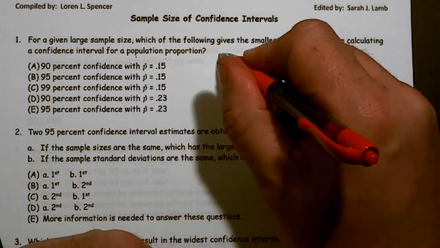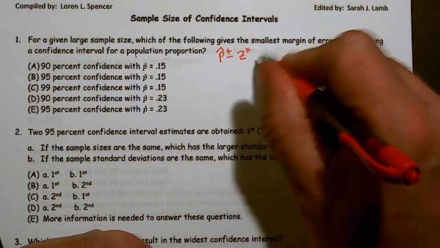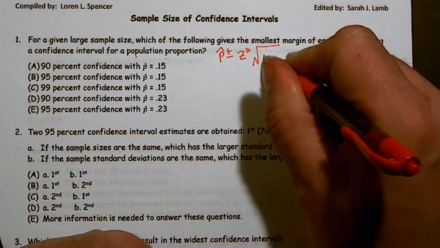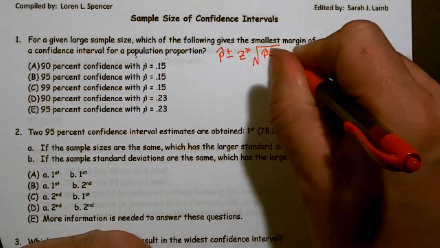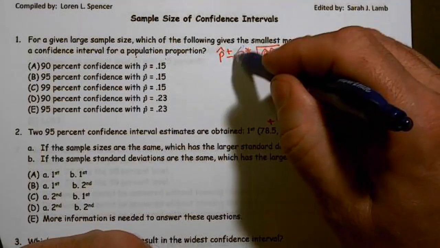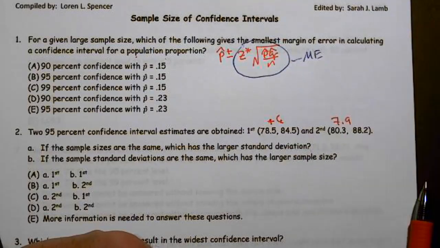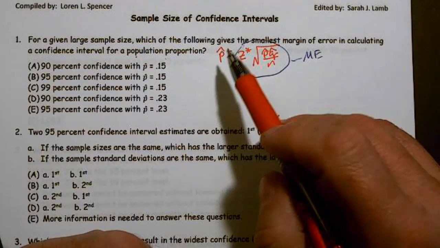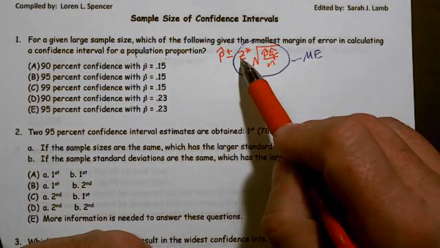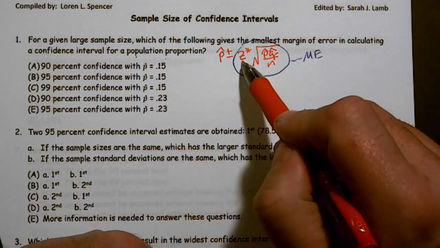So we're working with this formula: p hat plus or minus z star times the square root of p hat q hat over n. And please remember, this is my margin of error. Now, one thing you have to keep in mind, as we increase our confidence level, z gets bigger.